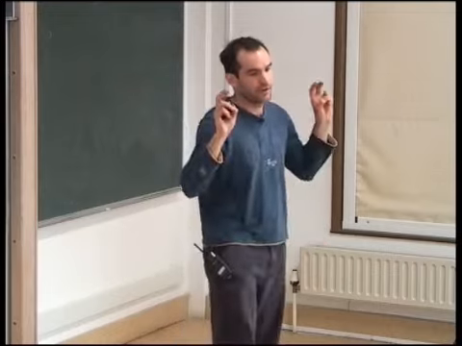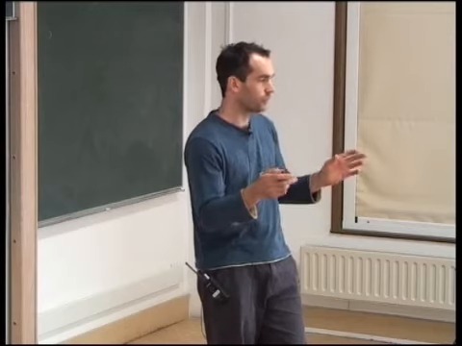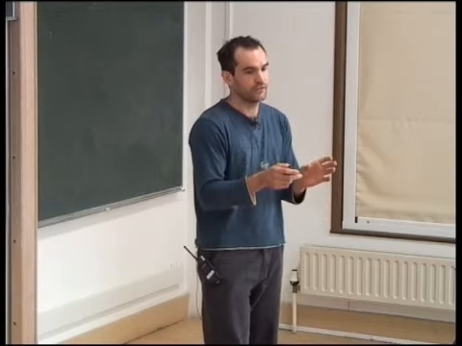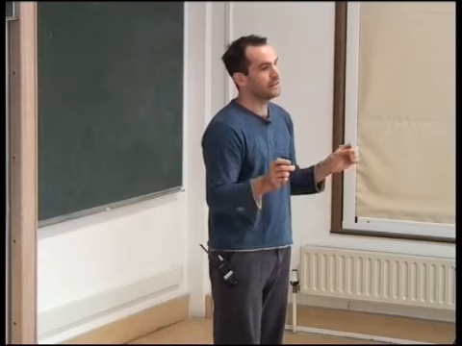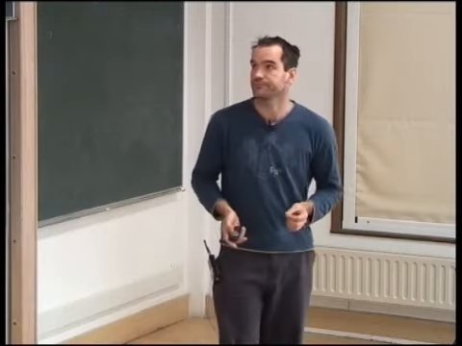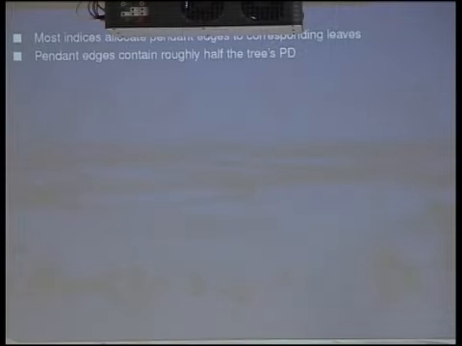Now, very roughly, the pendant edges contain about half of the phylogenetic diversity, so the total length of the edges in the tree. So if all of these indices are allocating the pendant edges to the species, then we're allocating about half the PD in the tree the same way amongst all these indices. So this explains the degree of similarity between some of these indices, the amount of correlation that you get.